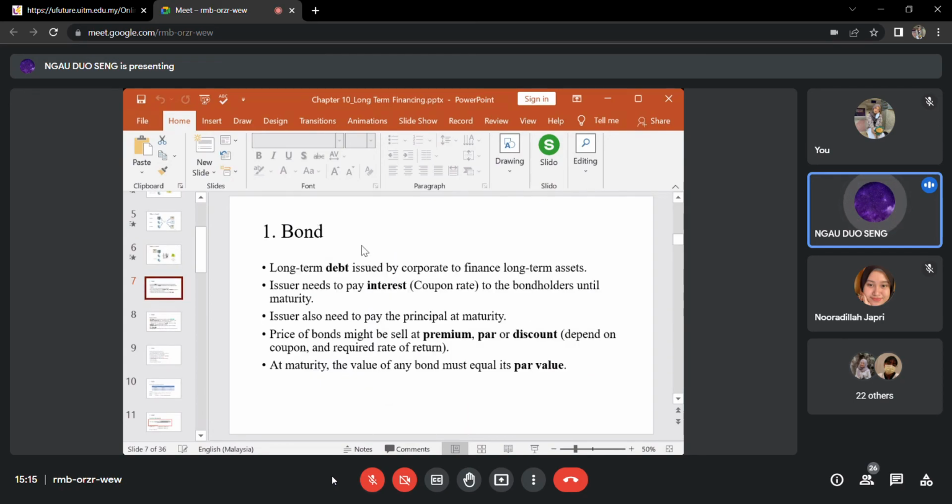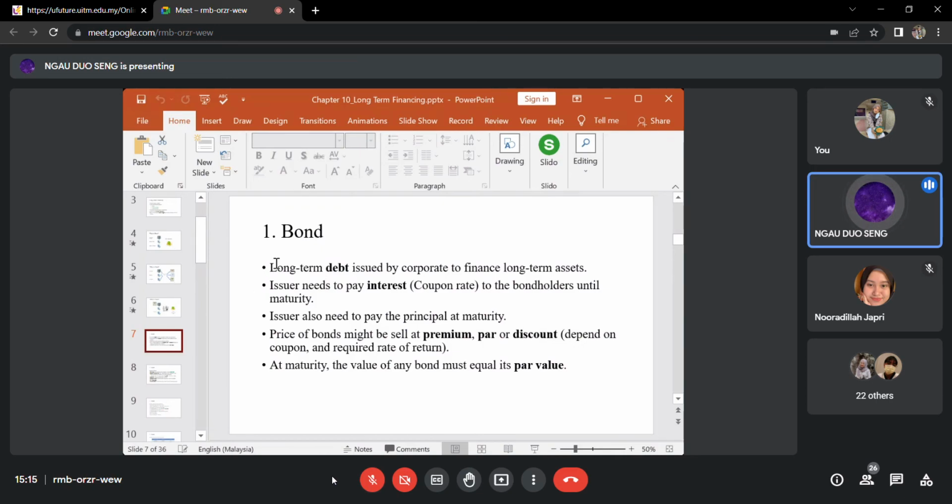Alright, next we have a bond. That one is the whole process apa itu bond. So bond adalah long term debt. Right, long term debt adalah satu utang issued by corporate to finance long term asset. Corporate atau syarikat dia boleh, atau actually government pun boleh lah. Selain daripada syarikat, government, right, kerajaan pun boleh issue bond.